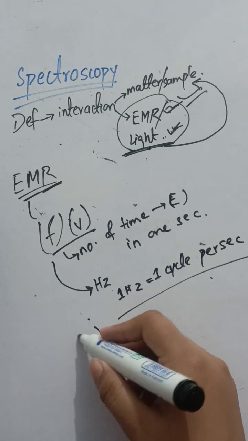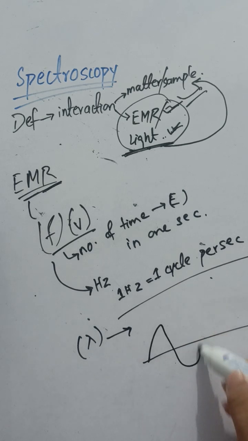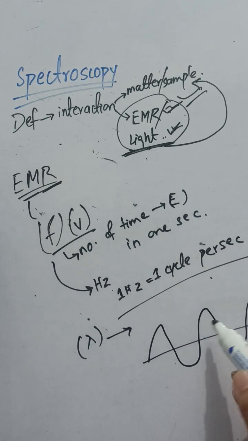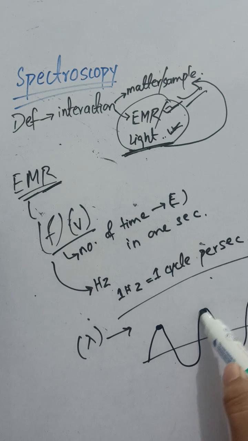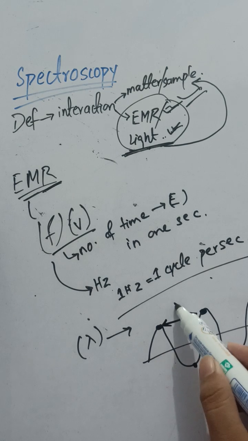Now what is the wavelength? So wavelength is the distance between the two crests or the two troughs. So this is your normal electric field, and this is the crest, and these are the two troughs, and the distance between them is called one wavelength.